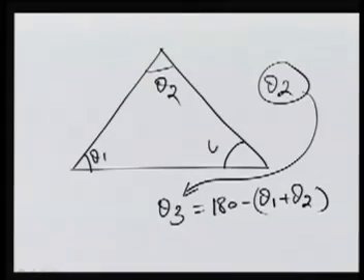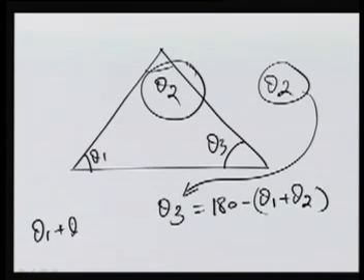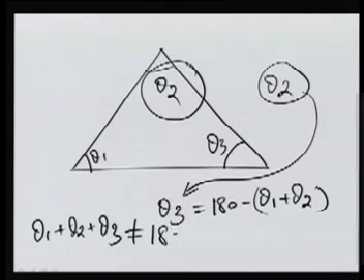But if we are also observing theta 3, then if there is a very large error in theta 2, theta 1 plus theta 2 plus theta 3 will not be equal to 180, it will be very much away from 180, because in theta 2 there is a large error. So by this redundancy, we are able to check for the errors. So redundancy is always there to help us.